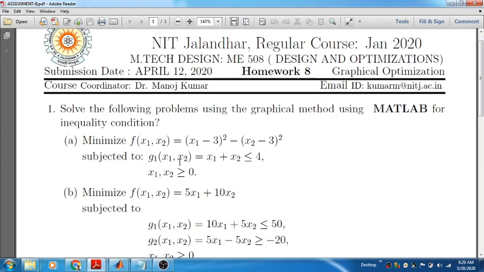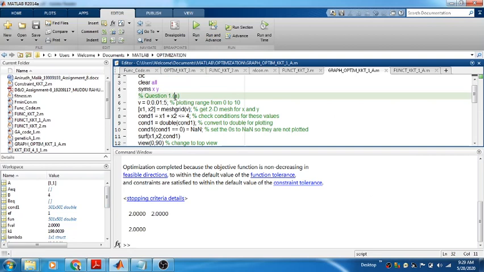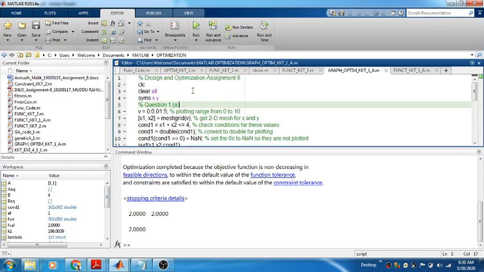So let's do the problem. As I told you, first with the help of the graphical method, let's write the problem. You can write it this way. First of all, it is a two-variable problem, so you need two variables, x1 and x2.